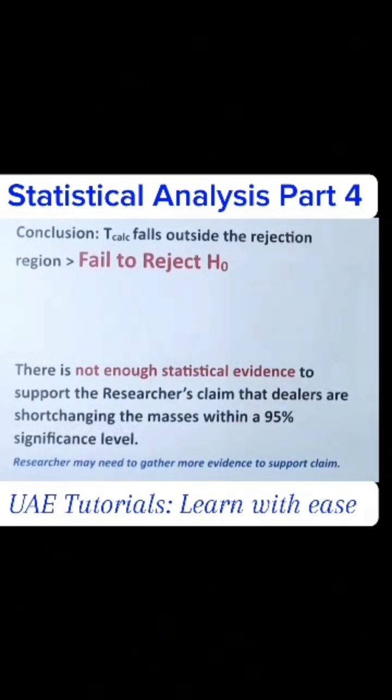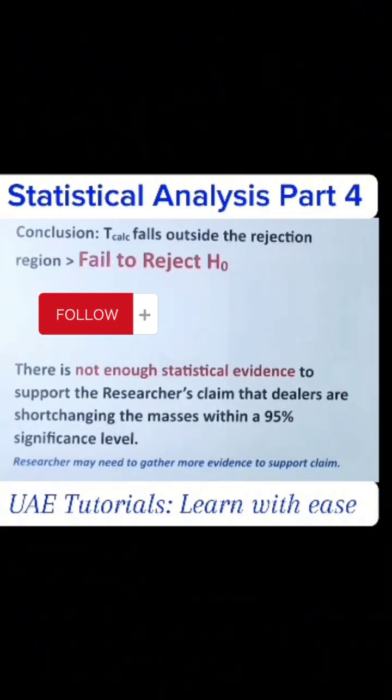Now, this is just a hypothesized question, but what could have happened? Obviously there were some figures that supported the researcher's claim, some of the sample results. But what could have happened is that the researcher may need to gather more evidence to support his claim. In the first case, just 5 samples may not be enough for the researcher to be able to prove what he wants to prove.